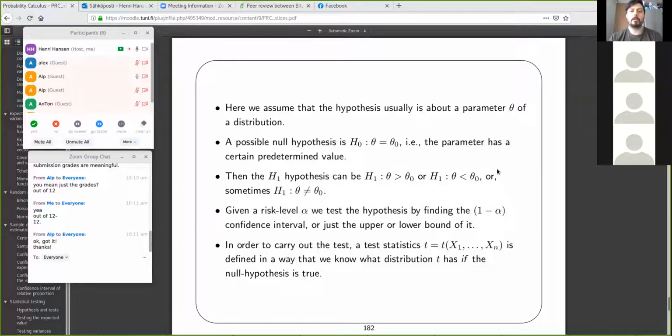On the other hand, if our alternative hypothesis is that the expected value is greater than 0, then we just look for the alpha level on the upper end of the interval at 0.05.